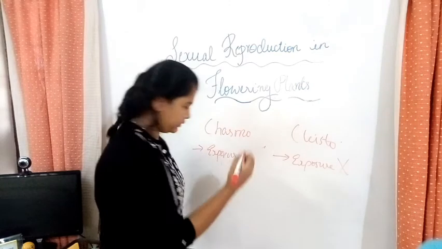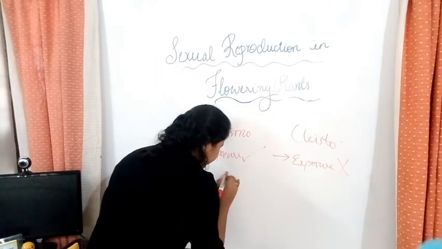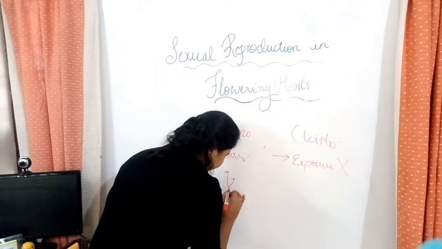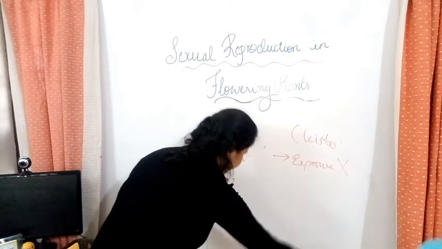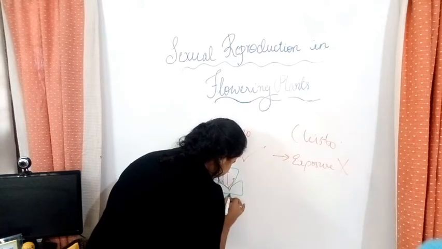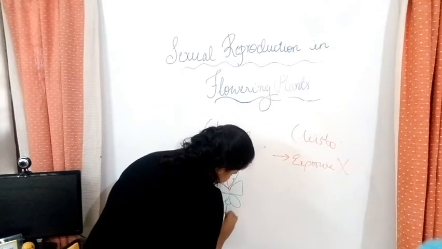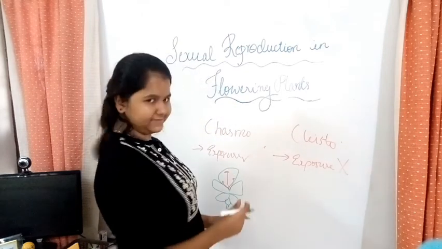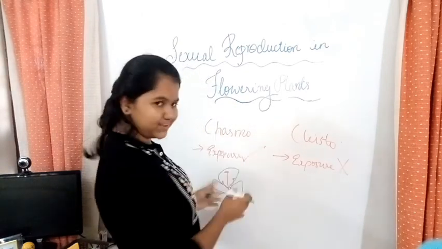And let's draw a chasmogamous flower. This is the stigma, this is the anther, and let's take another color. So this is a rough sketch of a chasmogamous flower.